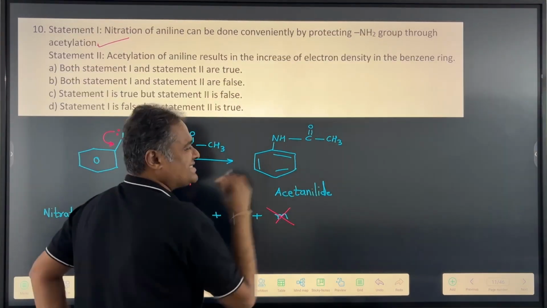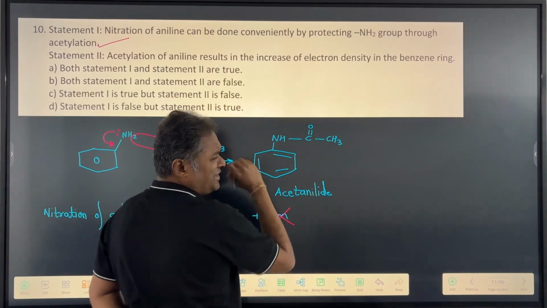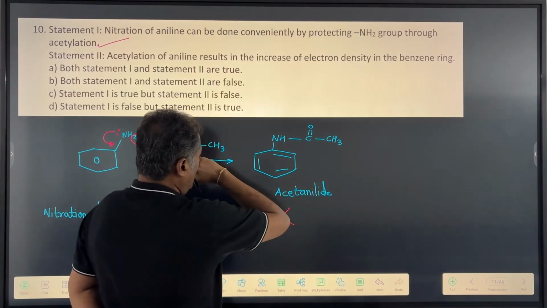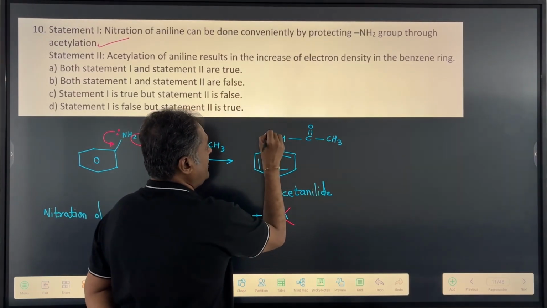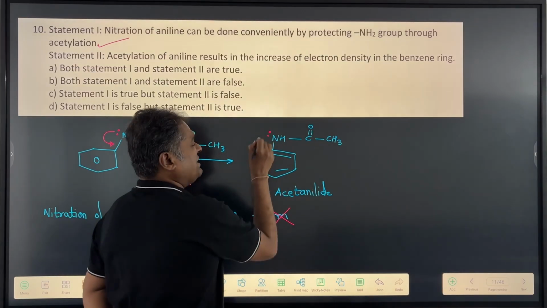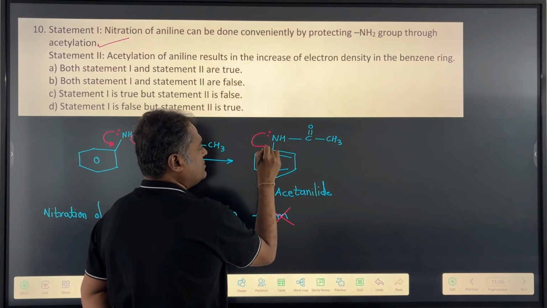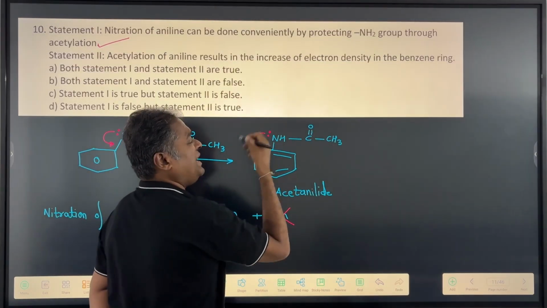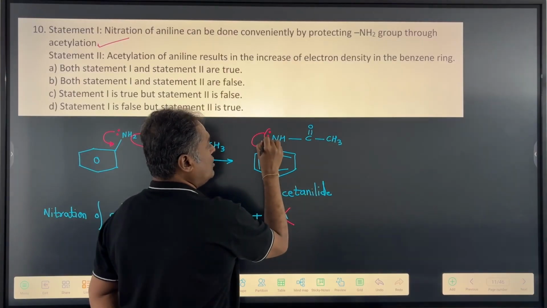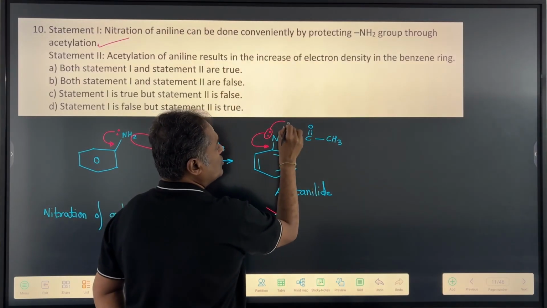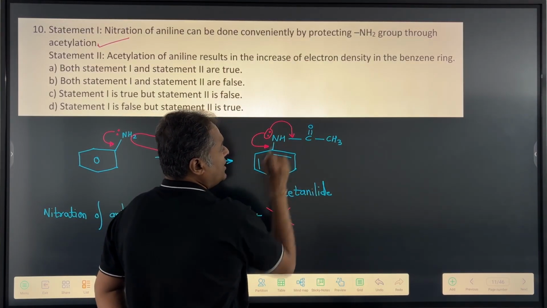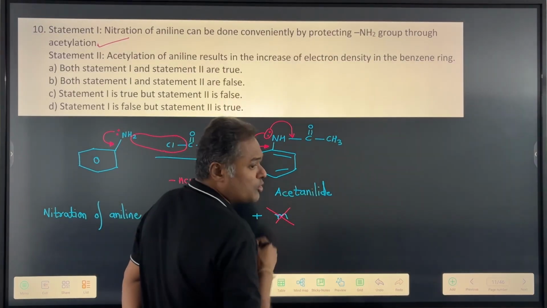But after getting acetylated, this lone pair will give its electron pair to the benzene, which will increase, but at the same time this lone pair has to be involved in resonance with this carbonyl group also.